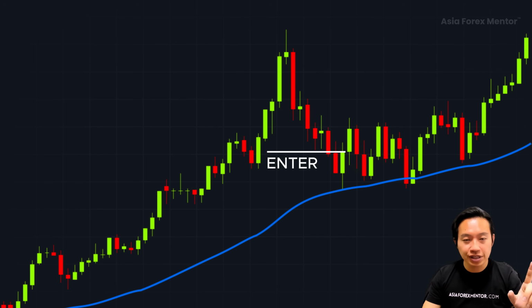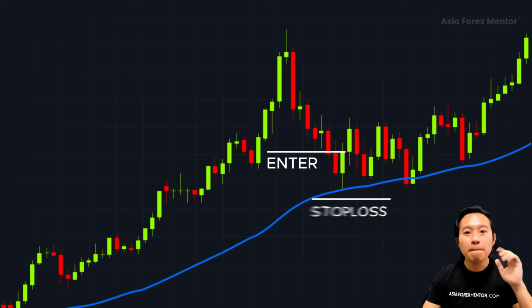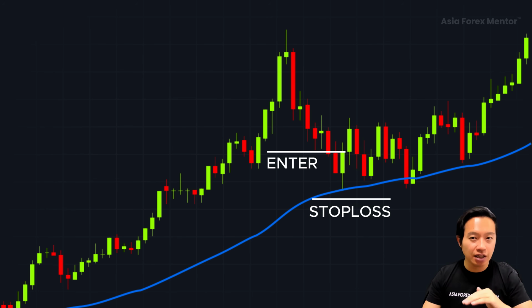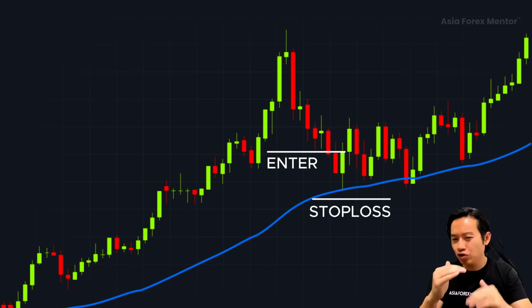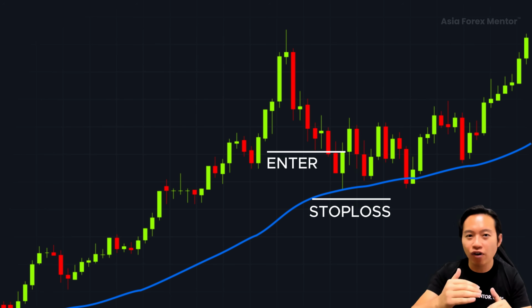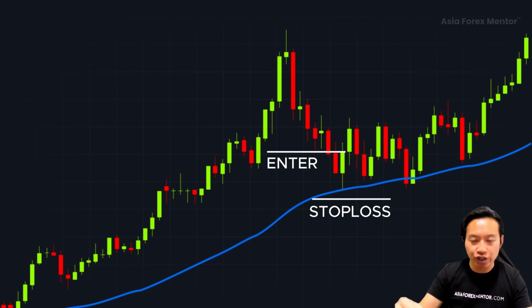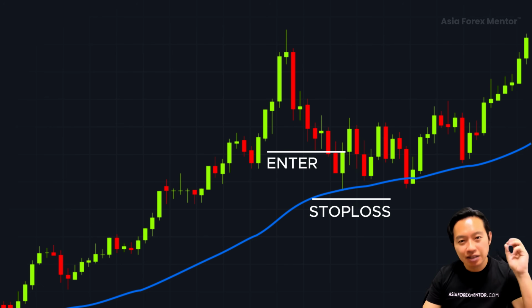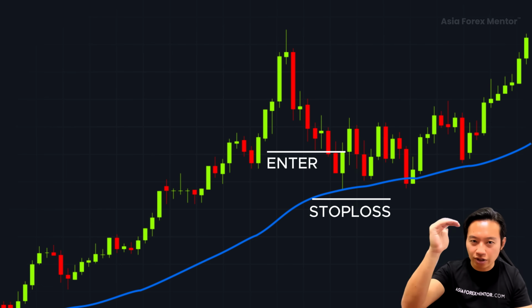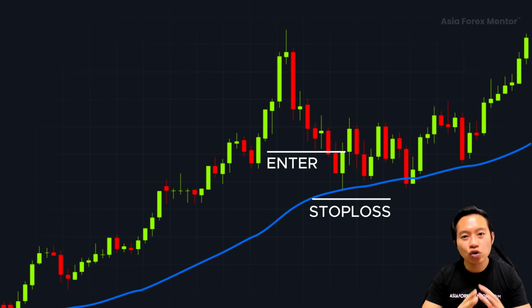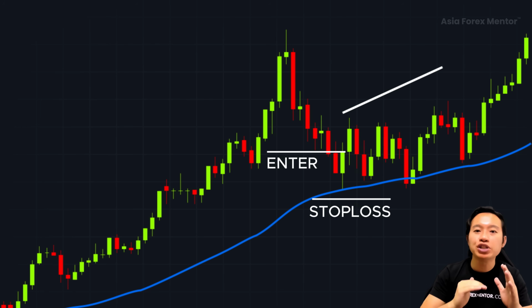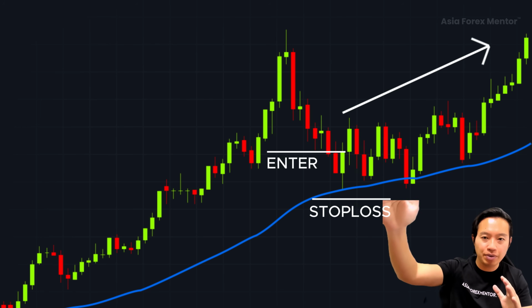Number two, stop loss. Set your stop loss below the recent lows. You've got to provide some buffer to avoid being stopped out prematurely by minor fluctuations. Number three, your TP, your target. You aim to capture the next swing up.